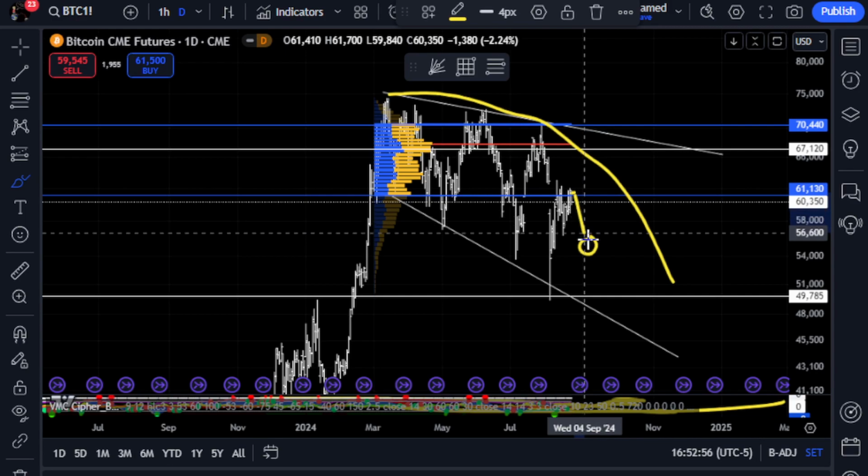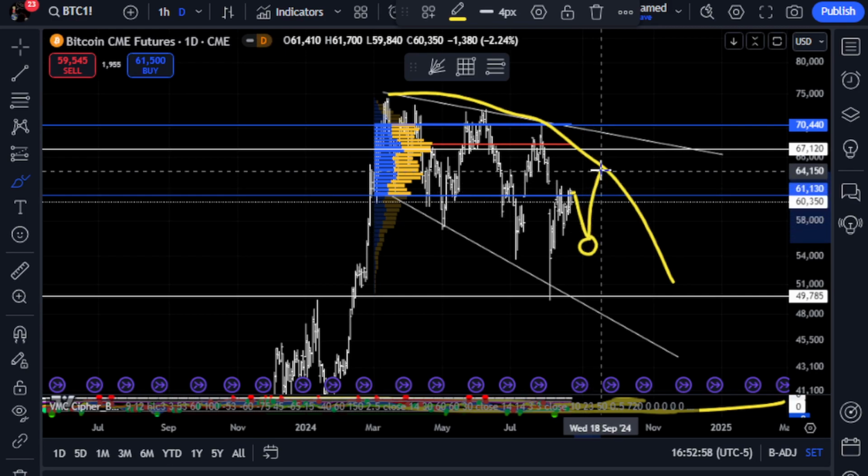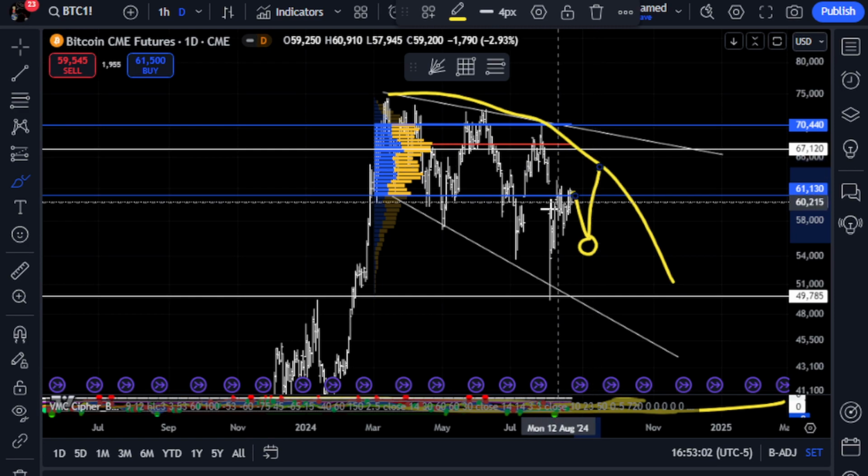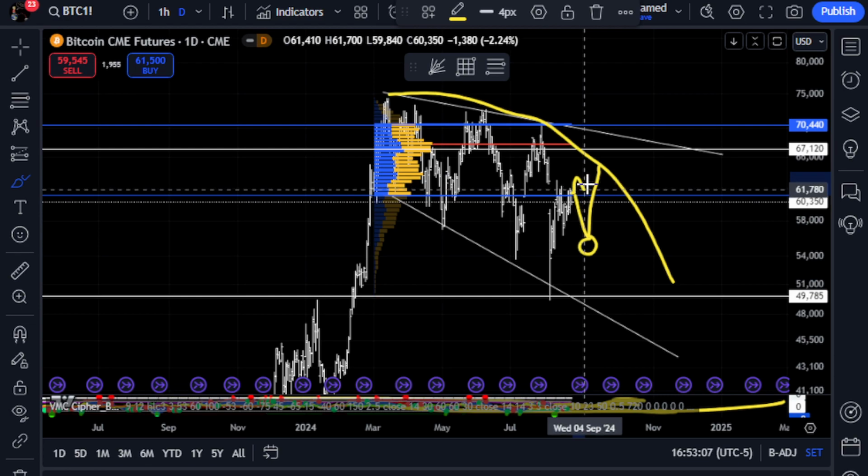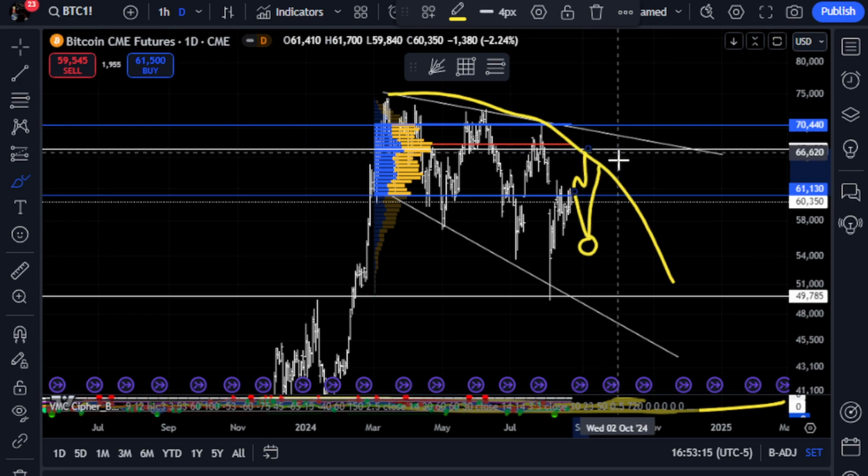So let's say that we come down, well then I'll probably be looking for 65,000. Let's say that we hold here, we push up, reclaim this value area low, well then I'm more interested in this 67 to 68,000. So that's what I'm looking at locally.